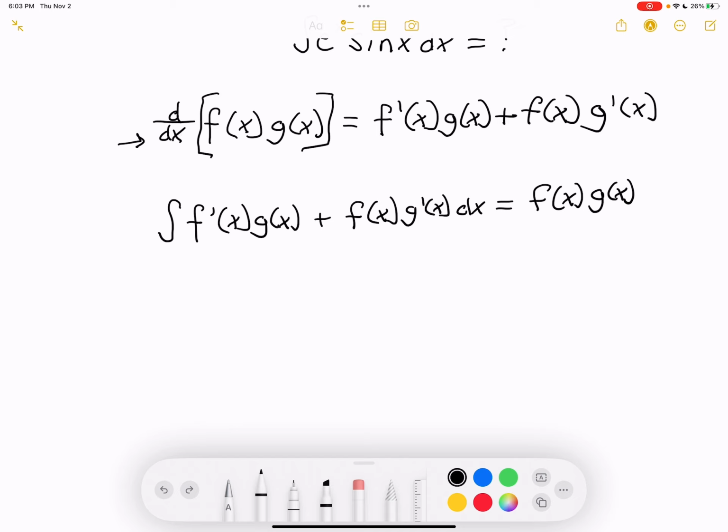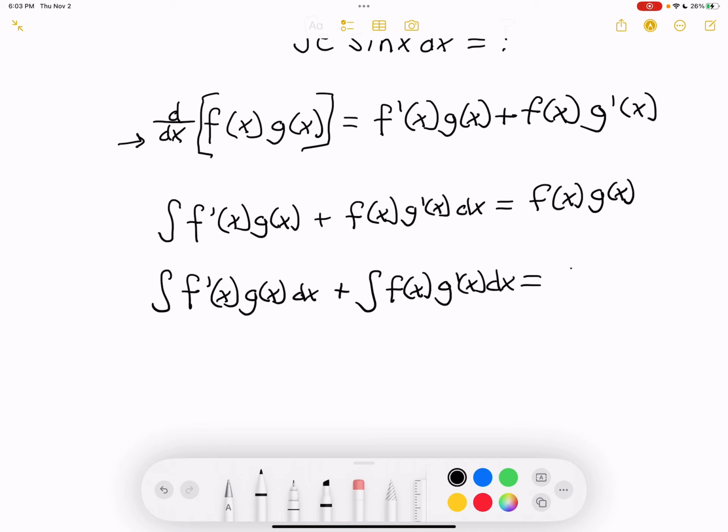So like so. These lines are equivalent from here to here. All I did was take the integration sign over this sum here.